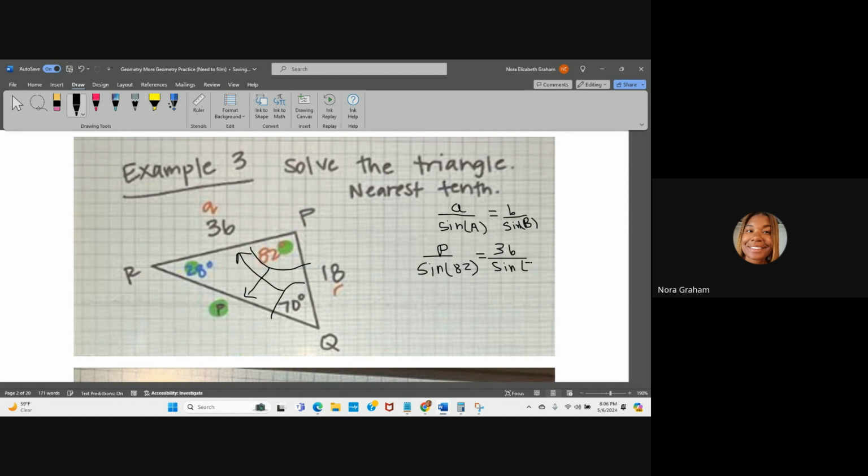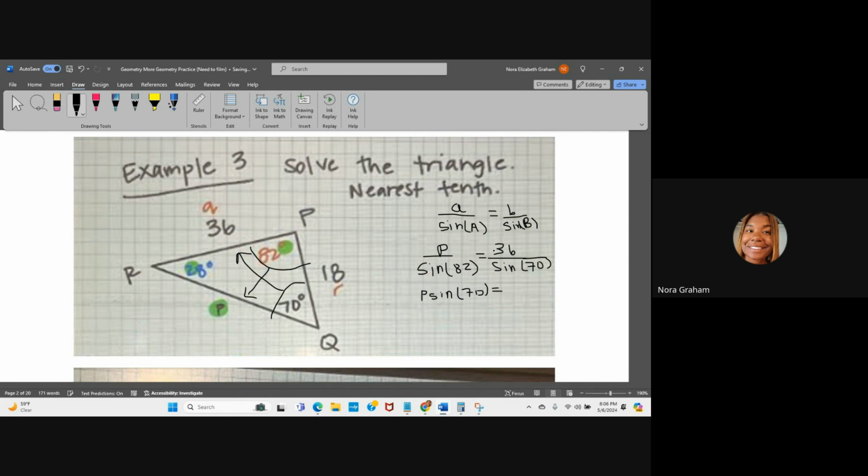And when you set this up, it just turns into pure algebra from here. So we're going to use the butterfly method and cross multiply. So P times sine of 70. Those trig functions in those parentheses stick together, so look at them as like one number.